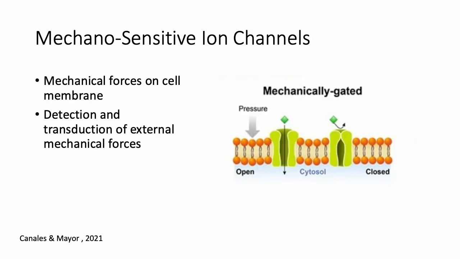The last of our ion channels is the mechanosensitive ion channels, and we will be going over the mechanical forces on the cell membrane, the detection and transduction of external mechanical forces. When an ion channel responds to changes in mechanical forces on the cell membrane, that is when the mechanosensitive ion channels come into play. The detection and transduction of external mechanical forces into electrical and chemical intracellular signals are the main role of these channels.